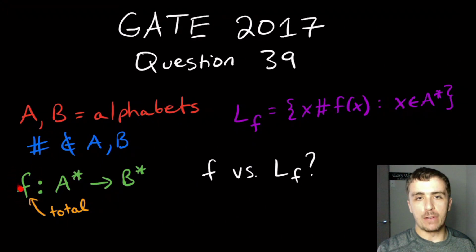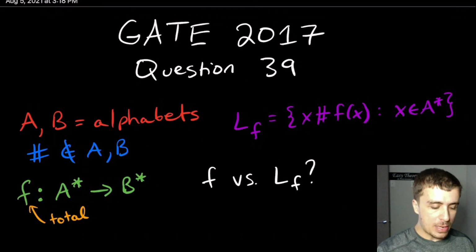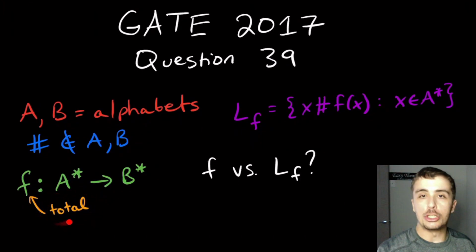And we have a function f that goes from strings over A to strings over B. So this is just taking strings from one alphabet to another alphabet, and it can be a completely arbitrary function. The only thing that we know about it for sure is that it's a total function.